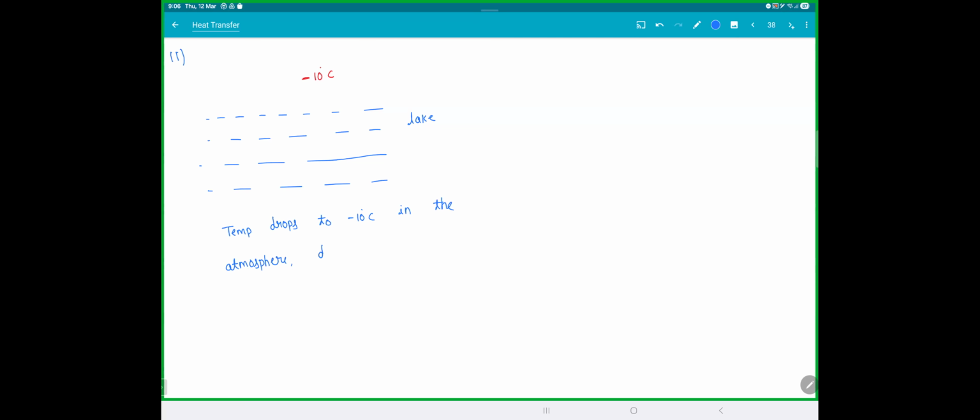And due to this, ice starts forming on the surface. And we know ice is lighter than water, so it starts floating on the surface. Ice forms on the surface and it starts growing in thickness with time. So it actually becomes like a barricade.